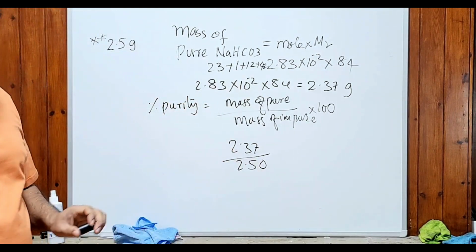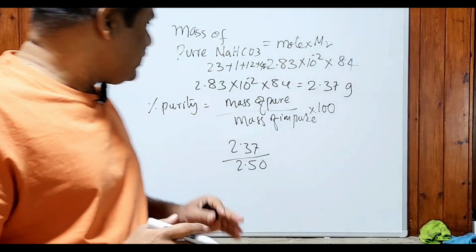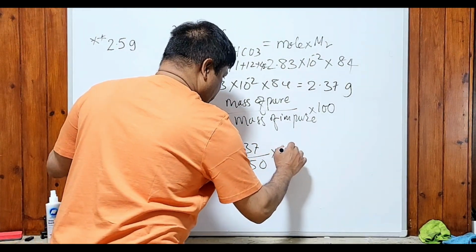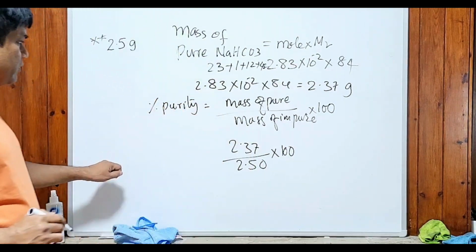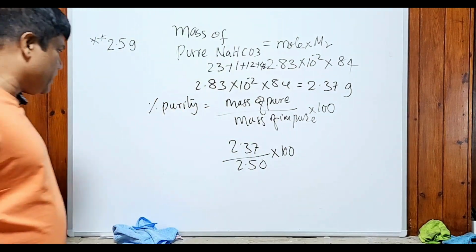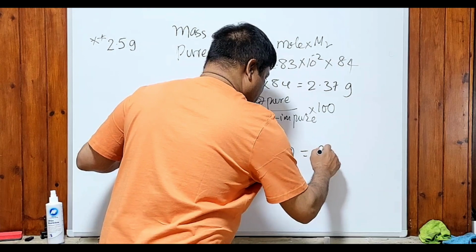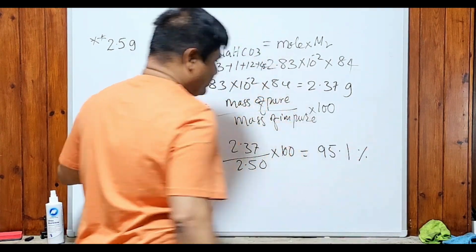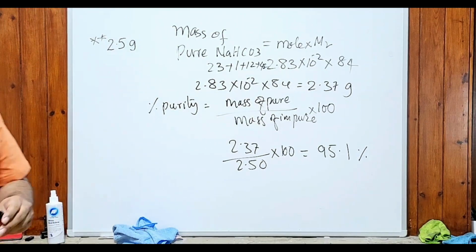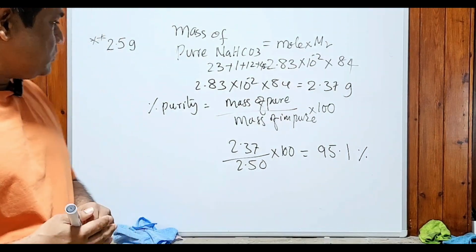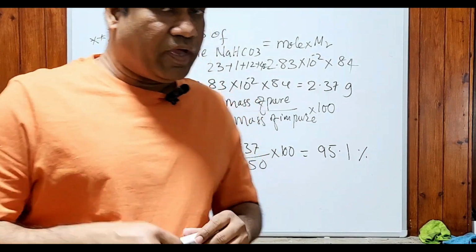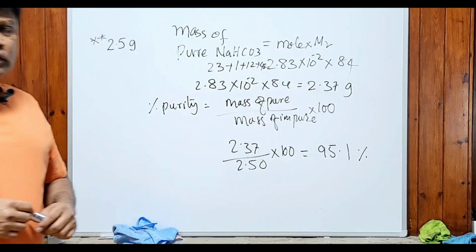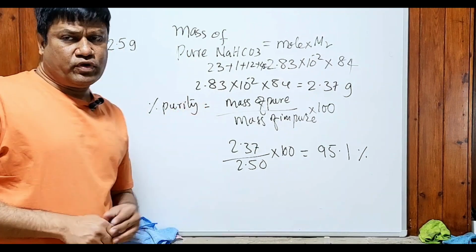Guys, impure is always bigger than your pure one, obviously, times by 100. When you work it out, you can use your calculator. The answer is 95.1 something percent. So this is the way you can figure out percentage purity of any chemical substance. We can use a titration technique to answer this type of question.